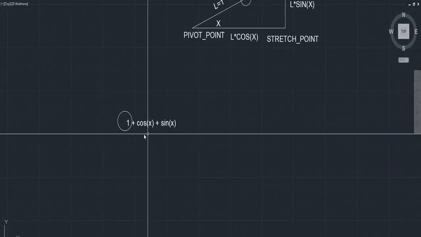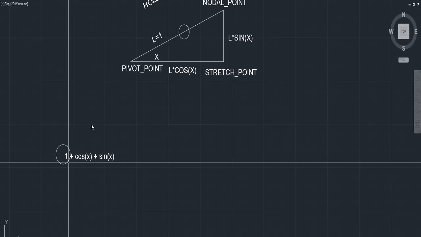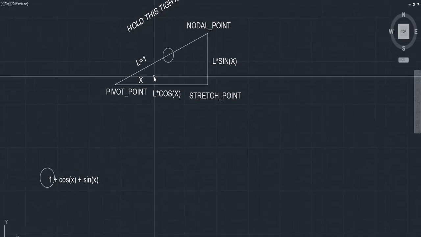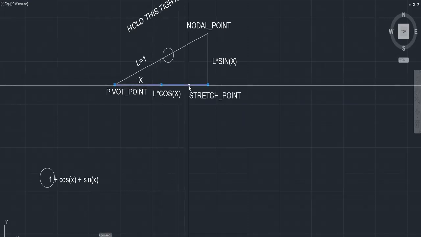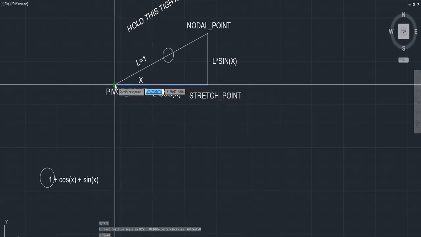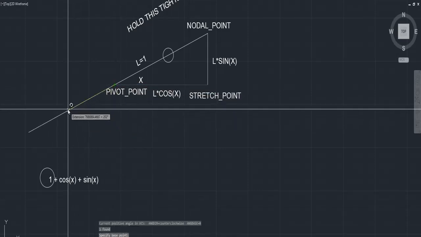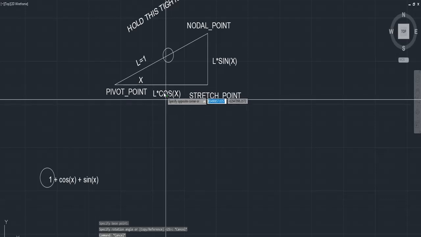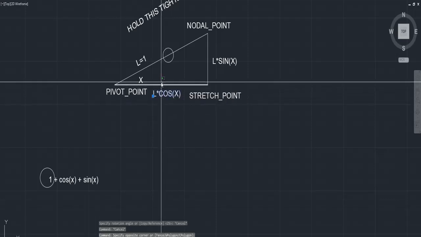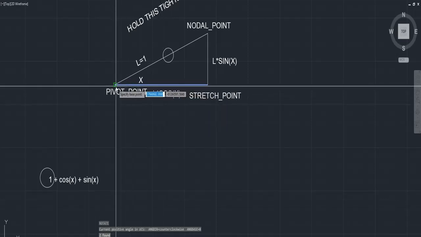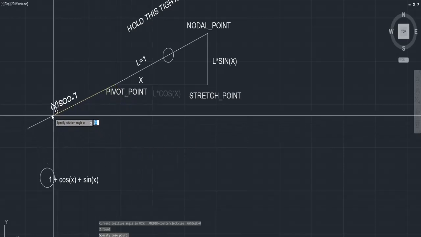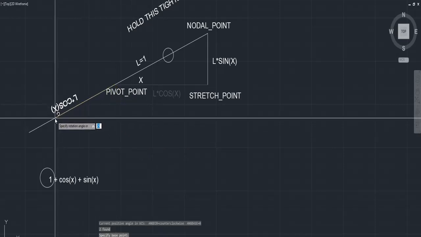Now it is saying cos x plus sin x, which means that with the 1, after rotation, after straightening, this cos x will remain attached with 1. So we have to get the effect of rotating this cos x about the pivot such that it remains attached with the 1, because the expression is saying 1 plus cos x plus sin x.